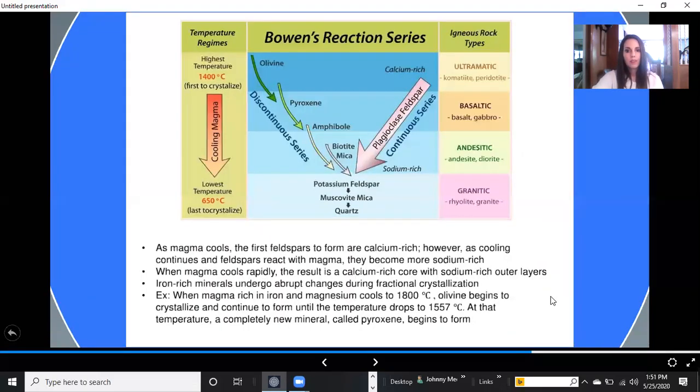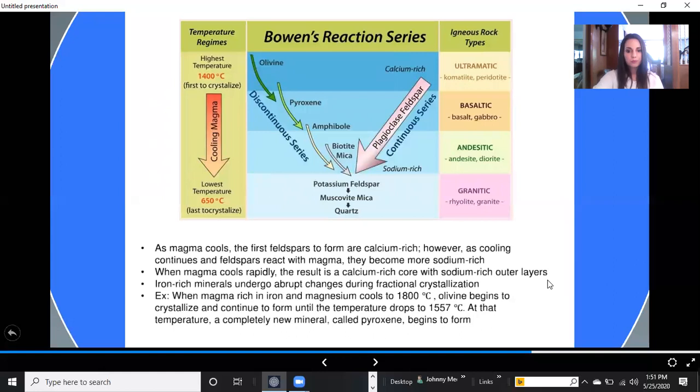Over here to the right you have your feldspars, and they start out being calcium rich. As the magma cools, the first feldspars are calcium rich, and then as the cooling continues, the feldspars begin reacting with the magma.